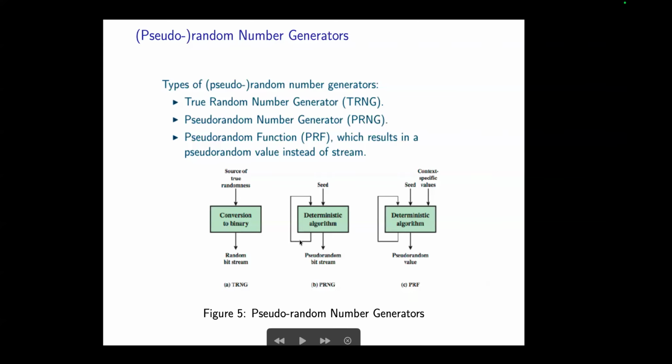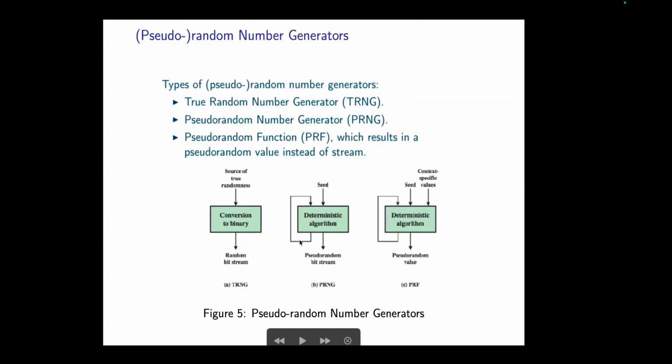This one is a bit stream as well, but it starts with the seed and then goes on. And this one is kind of clockwise, like a tick-wise. So you have a tick, and then there is a seed, there is a context-specific value, and then you calculate the next value, and you feed it back here, and you create one value at a time. This is a pseudo-random function instead of a pseudo-random number generator, right?